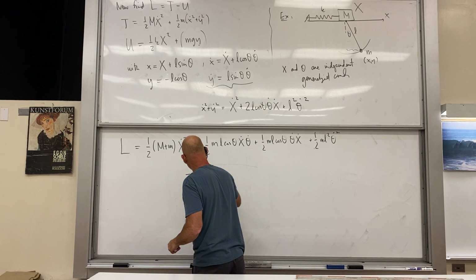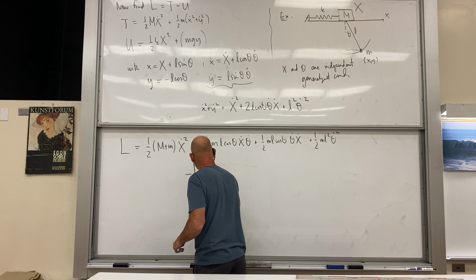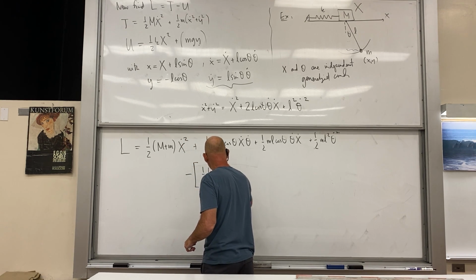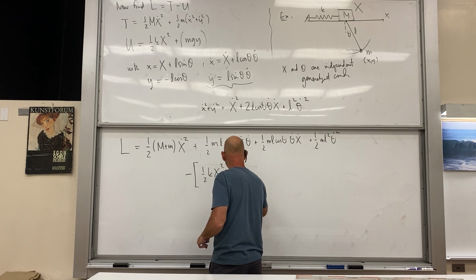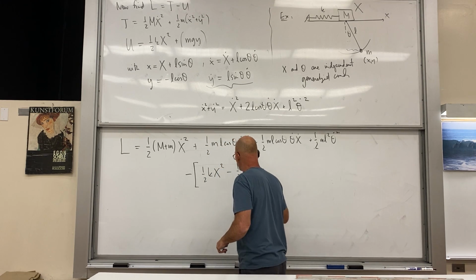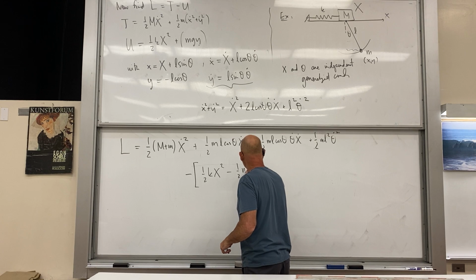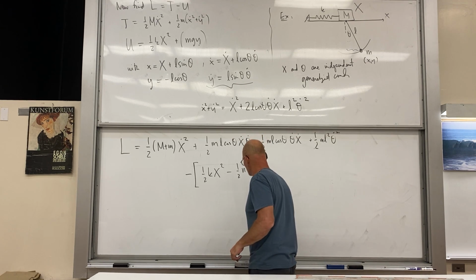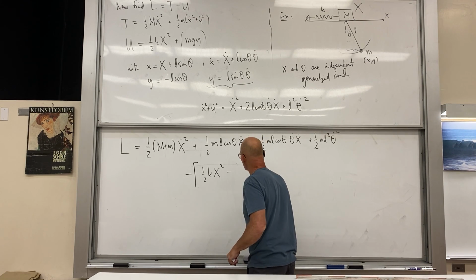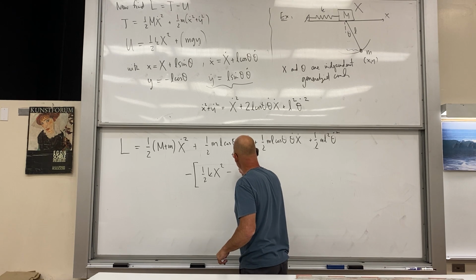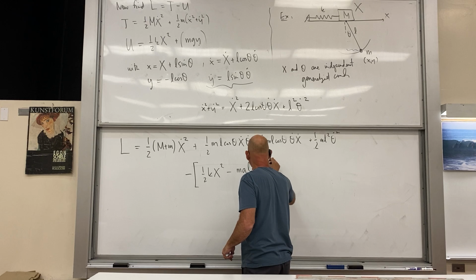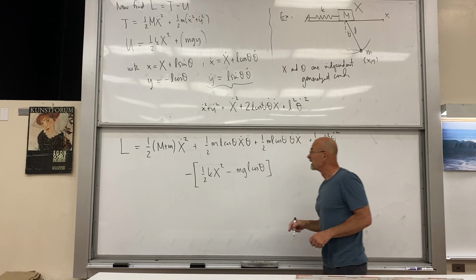Minus, open parentheses, 1/2 k capital X squared minus, the 1/2 is wrong, minus mgl cos theta. There we go. So there's the Lagrangian of this thing.